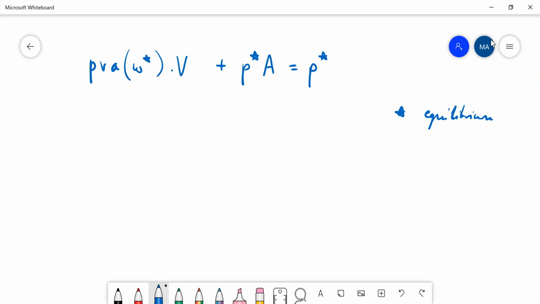Originating from the intermediate input demand of the firm, right? So this A matrix is the matrix of technical coefficients. So they determine how much I'm going to use as firm J from the good I, for each I and J, obviously. And then I pay a price for these intermediate inputs.